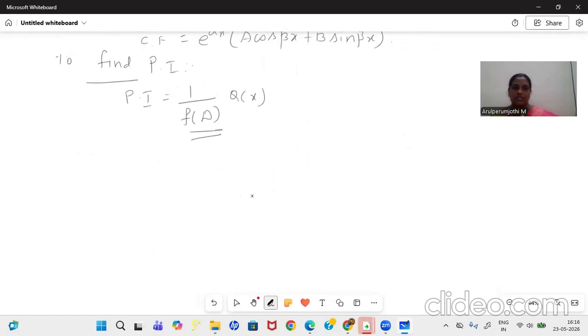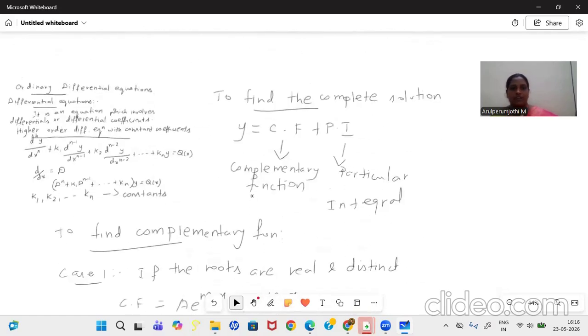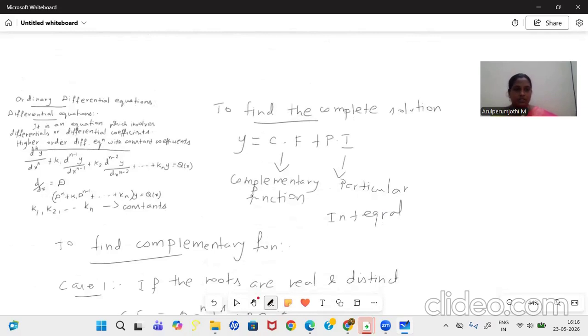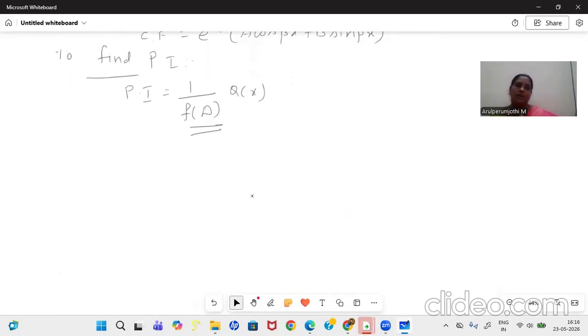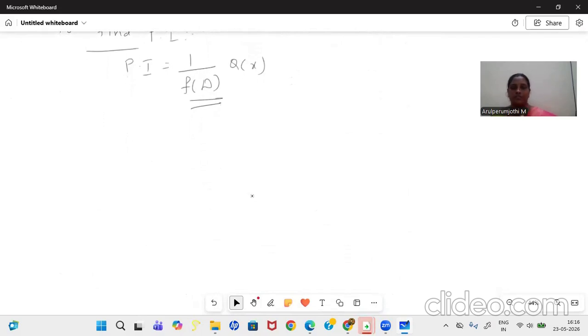I'll tell you what is this f of D. It is D^n plus k1 into D^(n-1) plus and so on kn. So this portion can be considered as f of D and your right hand side is q of x. So in general, the particular integral is 1 by f of D into q of x.